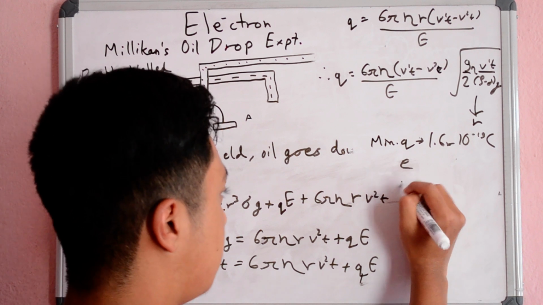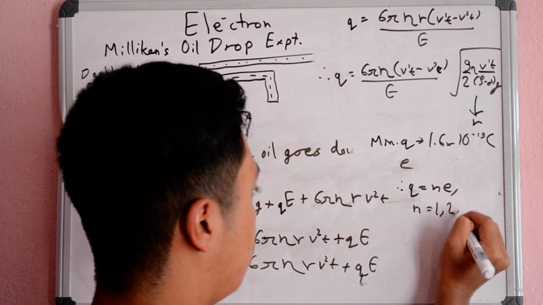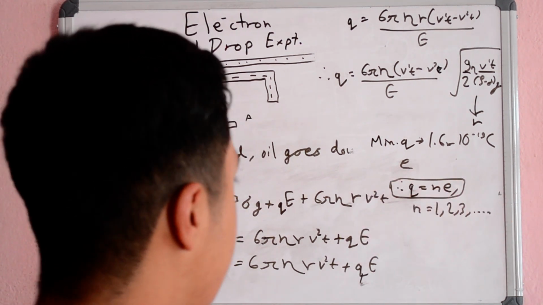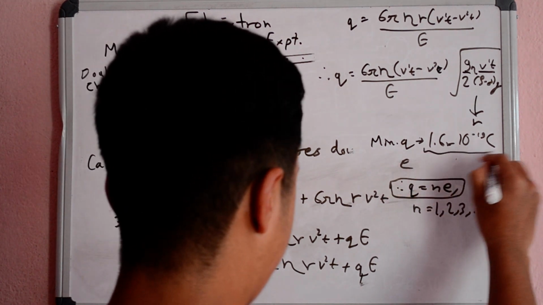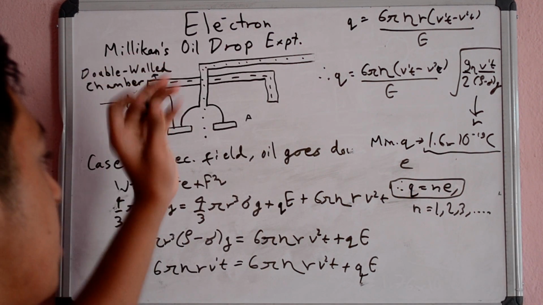So that means Q equals Ne, where N equals 1, 2, 3 and so on. So this proves the quantized nature of charge, and we have found the value of one electron itself. This is all for Millikan's oil drop experiment.